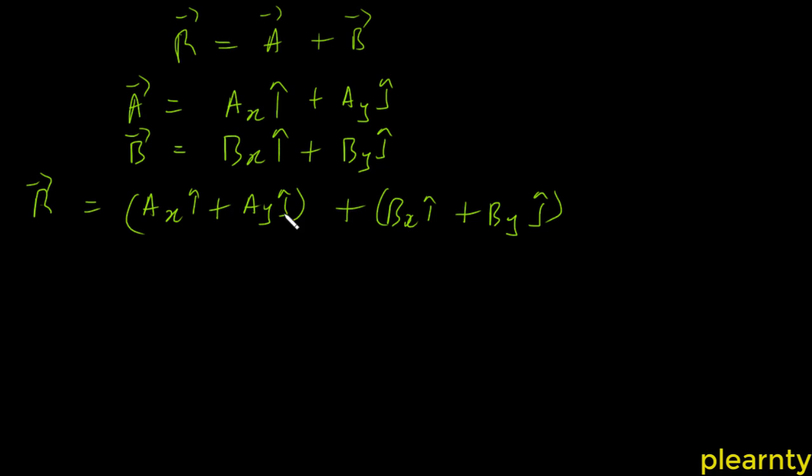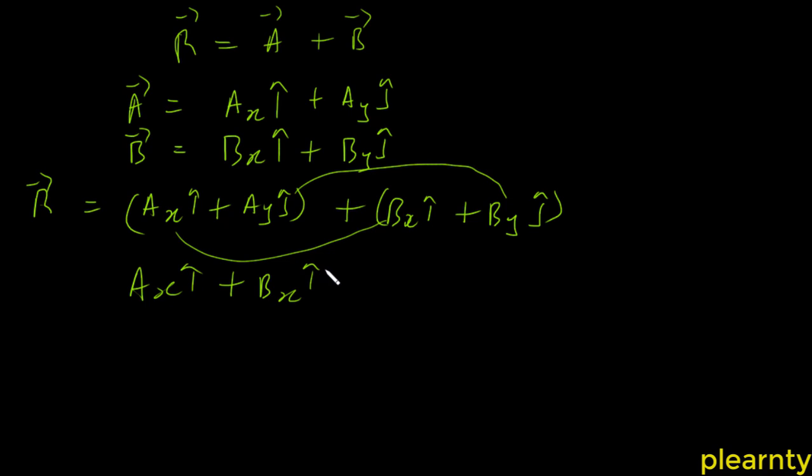This is straightforward. Now let's collect like terms. This has I, this one also has I, this one has J, and this one also has J. So the ones with I, bring them together, the ones with J, bring them together. So AXI plus BXI plus AYJ plus BYJ.